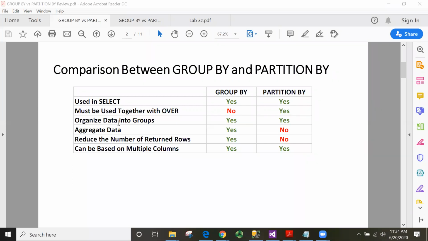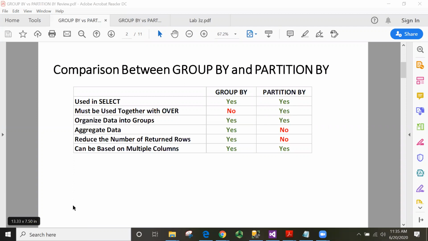Organizing data into groups. Aggregate data. Aggregate data means summarizing data, right? Summarizing data means we want to calculate the total sales of a territory, so you add up all of the order values for a territory.